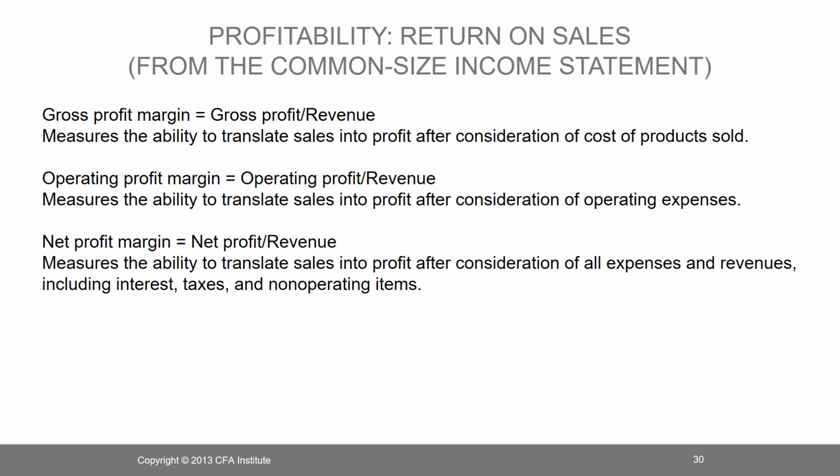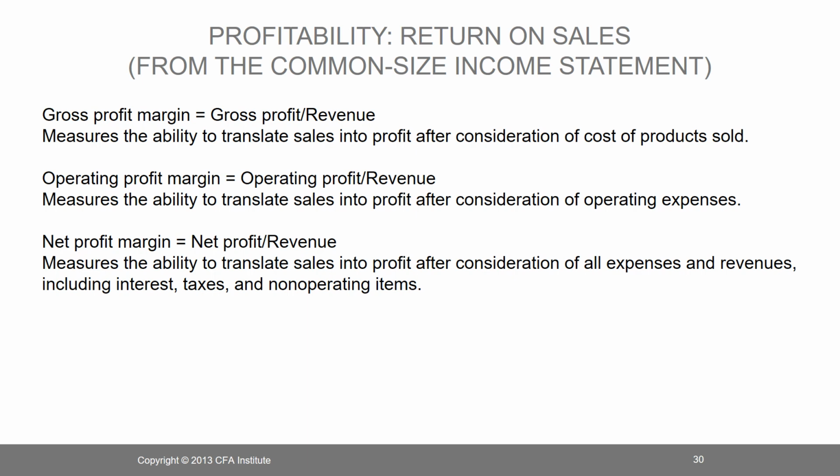If you remember, the gross profit margin equals the gross profit divided by revenue, the operating profit margin equals the operating profit divided by revenue, and finally the net profit margin equals net profit divided by revenue.